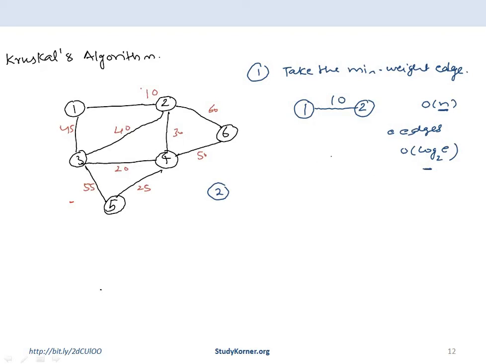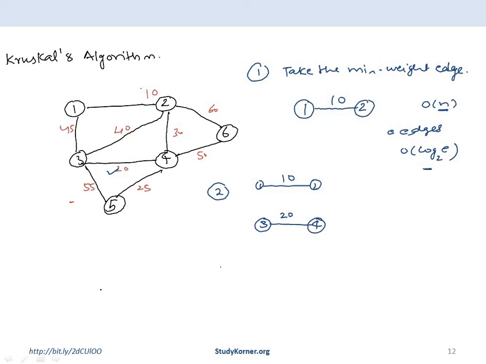Now, once you have selected the minimum edge weight first, then you select the second minimum edge weight. In my minimum spanning tree, I have already taken the edge 1 to 2. The second minimum weight is 20, so I consider the edge from 3 to 4 with weight 20.